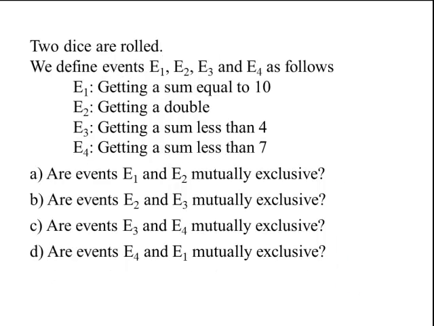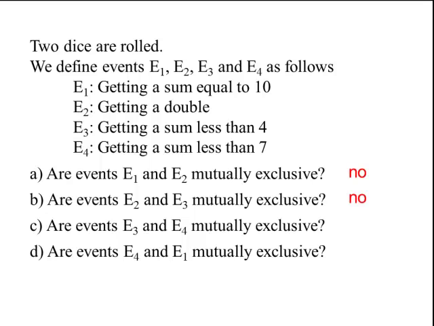In this example, the experiment is that 2 dice are rolled. We define the events: E1 getting a sum equal to 10, E2 getting a double, E3 getting a sum less than 4, and E4 getting a sum less than 7. Are events E1 and E2 mutually exclusive or disjoint? No. You can get two 5s, which is event 2, that would be a double, and the sum of those equals 10.